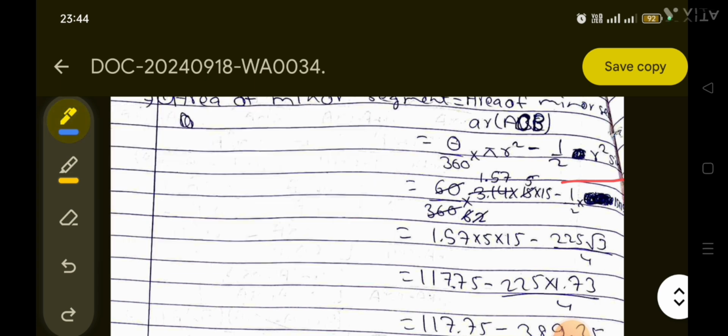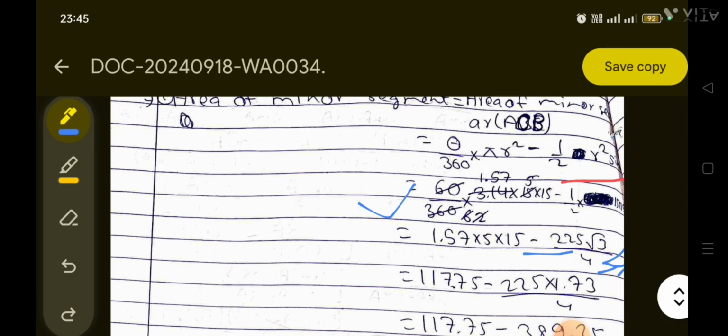Now if we simplify it, 60 by 360 into pi r square minus 1 by 2 into r means 15 into 15 sin theta, and sin theta means sin 60 degree, whose value is root 3 by 2, and 1 by 2 into 2 it is 4, and 15 into 15 is 225, 225 root 3 by 4.